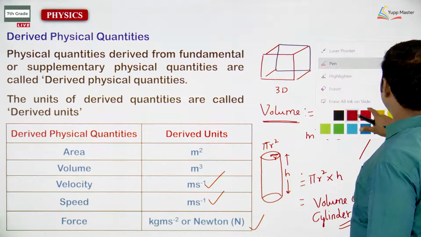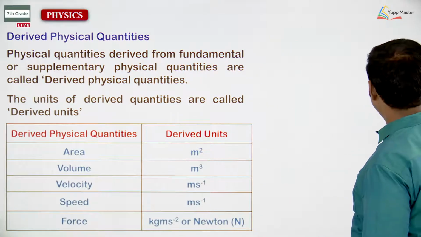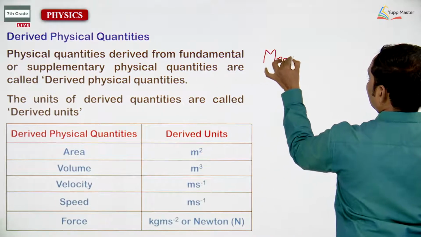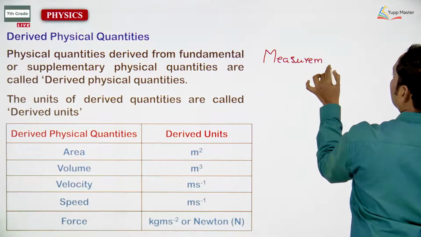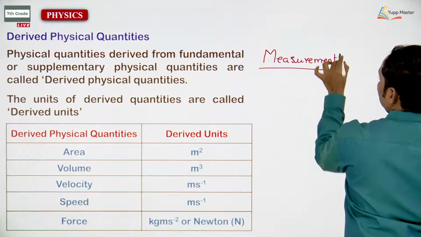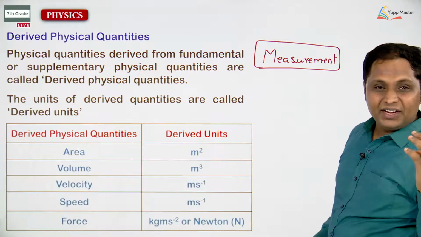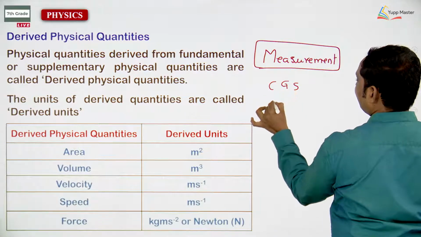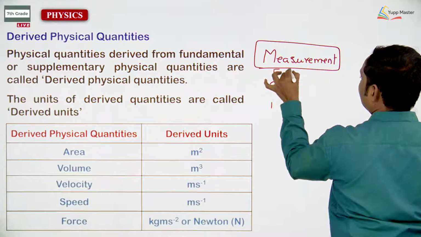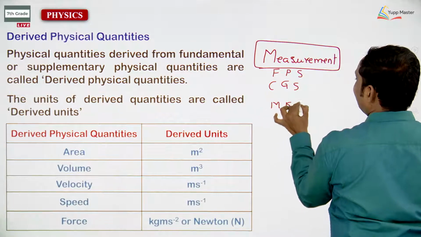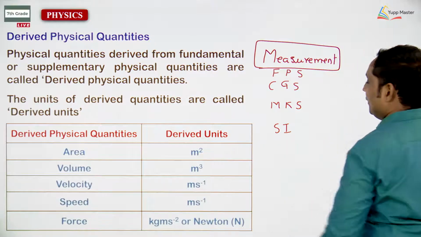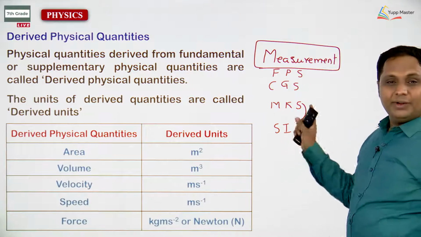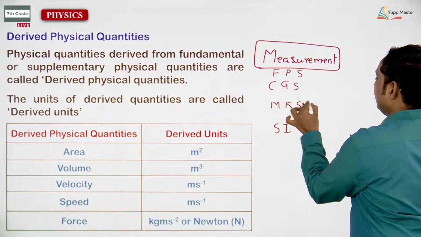Now if you take that measurement in different systems of units, you can take the CGS system, the old FPS system, CGS, MKS and SI. The SI system is the modified form of the MKS system.